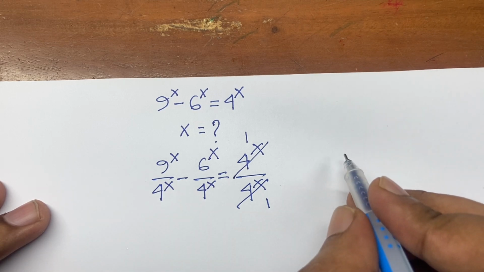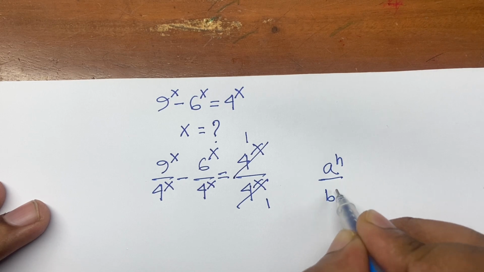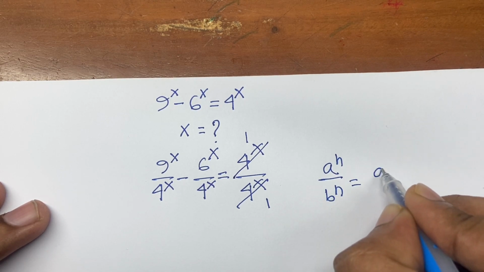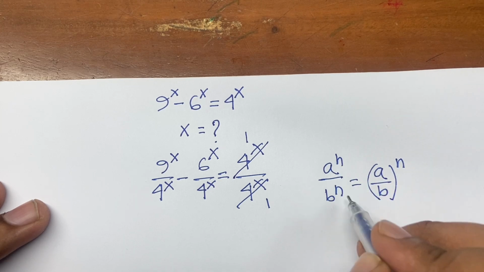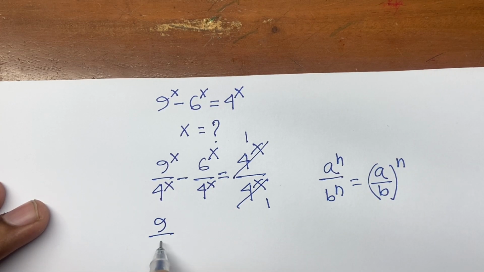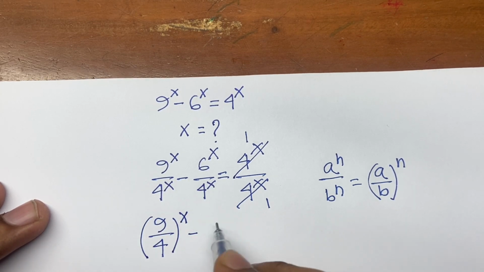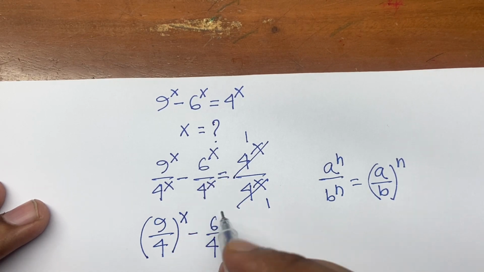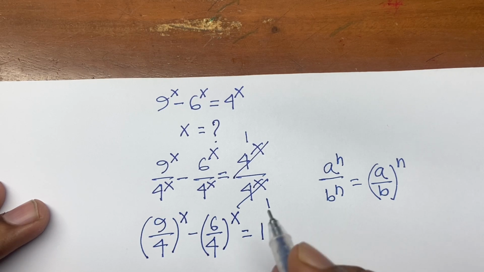According to exponential rules, we know that a^n over b^n is equal to (a over b)^n when the power is the same. Now I can say (9 over 4)^x minus (6 over 4)^x. Look, the exponents are common, so (..)^x is equal to 1.